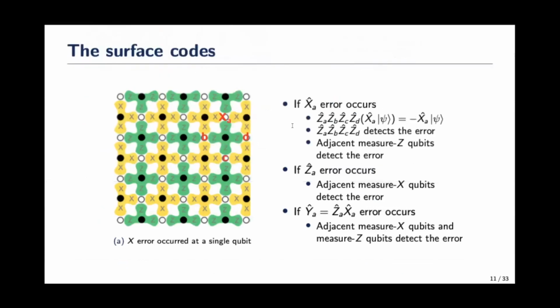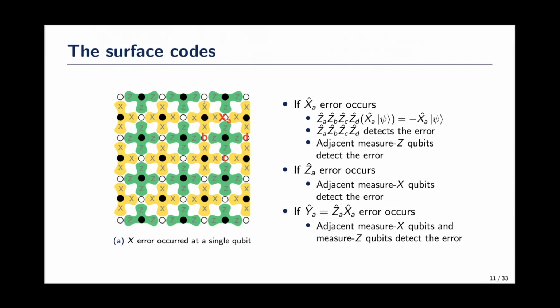Let's consider some error cases. If an X error occurs on this qubit A, then the stabilizers GA, GB, GC, GD anti-commute with X_A, so the stabilizers detect this X error.